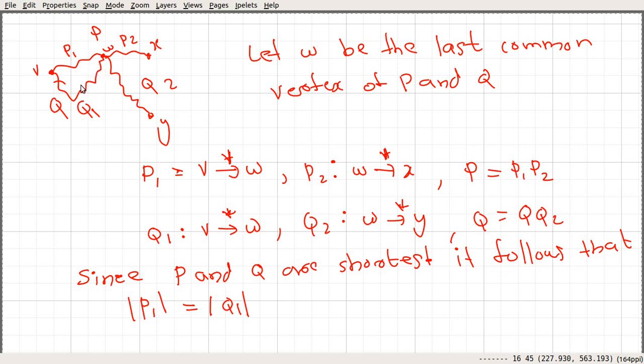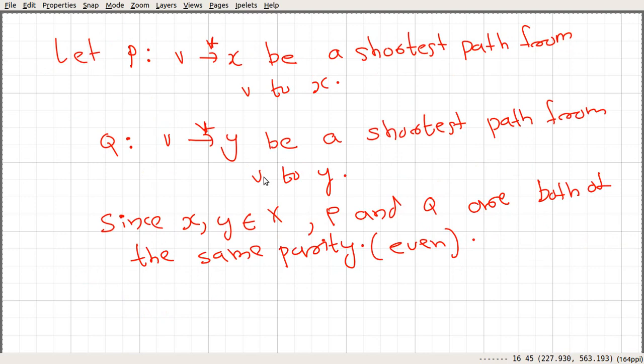If that is not the case, and suppose that P1 is shorter than Q1, then we can reach from B to Y in a shorter path than this Q. First we use this P1, then use Q2, and that contradicts our assumption.